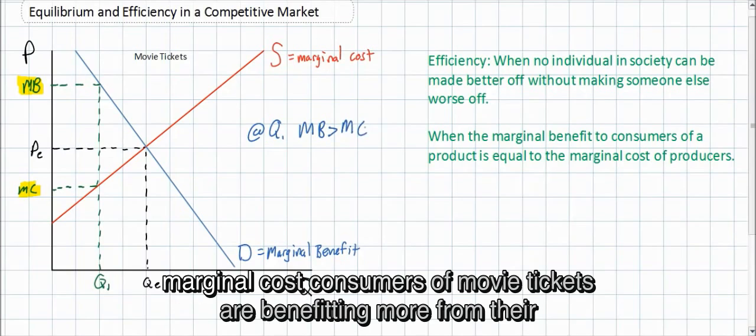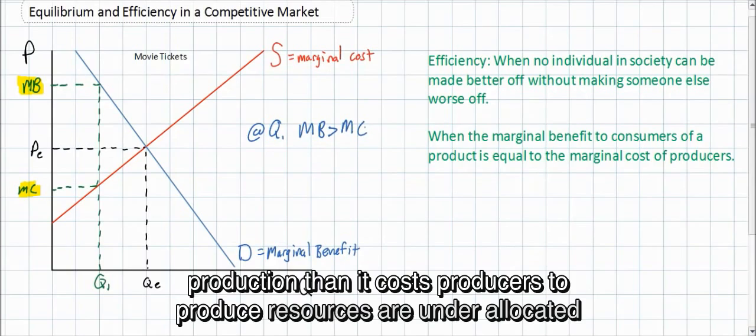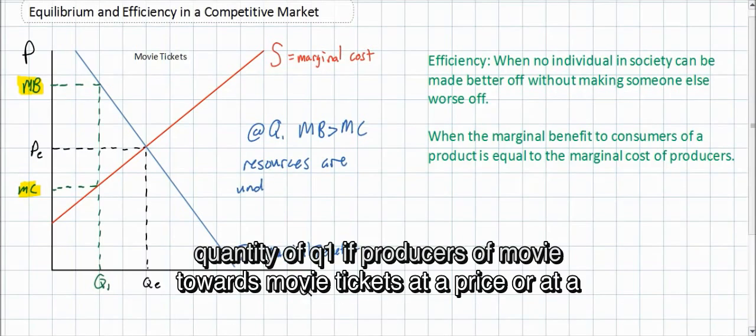Consumers of movie tickets are benefiting more from their production than it costs producers to produce. Resources are under-allocated towards movie tickets at a quantity of Q1.